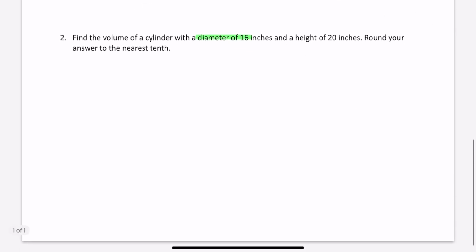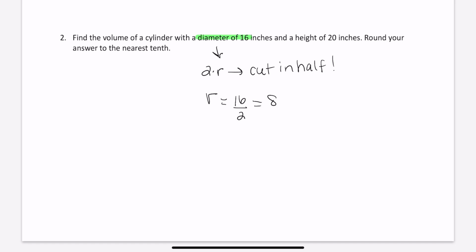So if we know that our diameter is 16, we have to take our diameter and cut it in half. Anytime you see the diameter, you have to cut it in half to find the radius. So we know our radius is going to equal 16 divided by 2, which is 8.